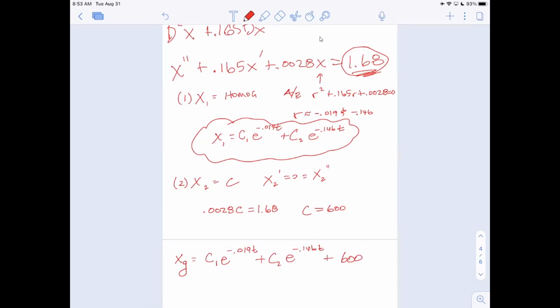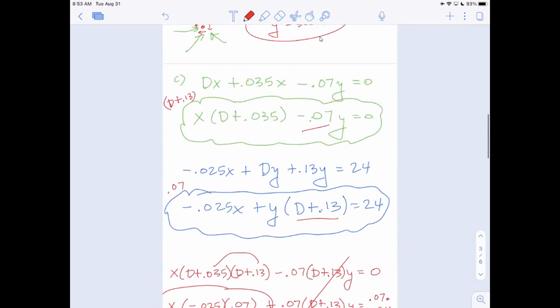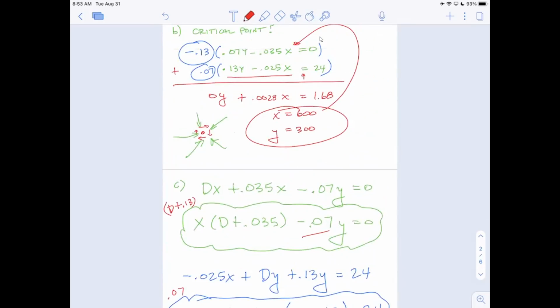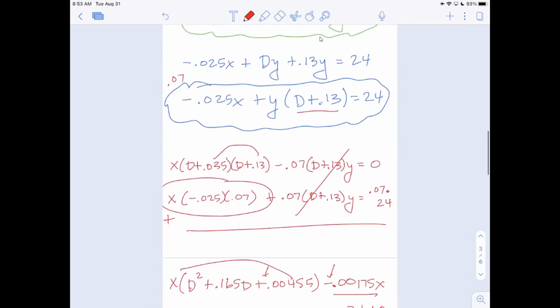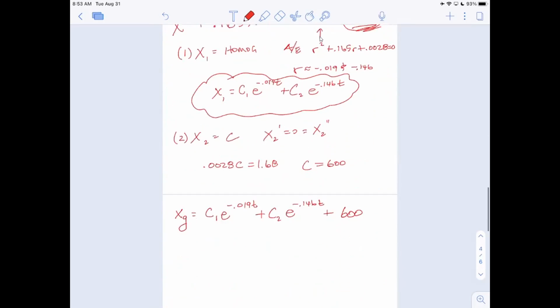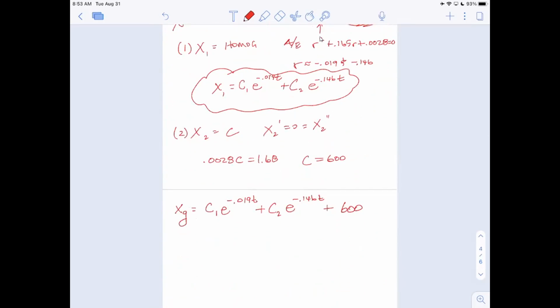When I say not surprisingly, I'm saying that because didn't we see a second ago that x was equal to 600? Why was that a critical point? Because what happens to this equation as, let's go ahead and write this calculus correct.